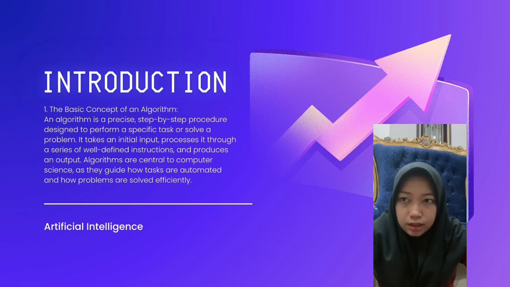It takes an initial input, processes it through a series of well-defined instructions, and produces an output. Algorithms are central to computer science as they guide how tasks are automated and how problems are solved efficiently.